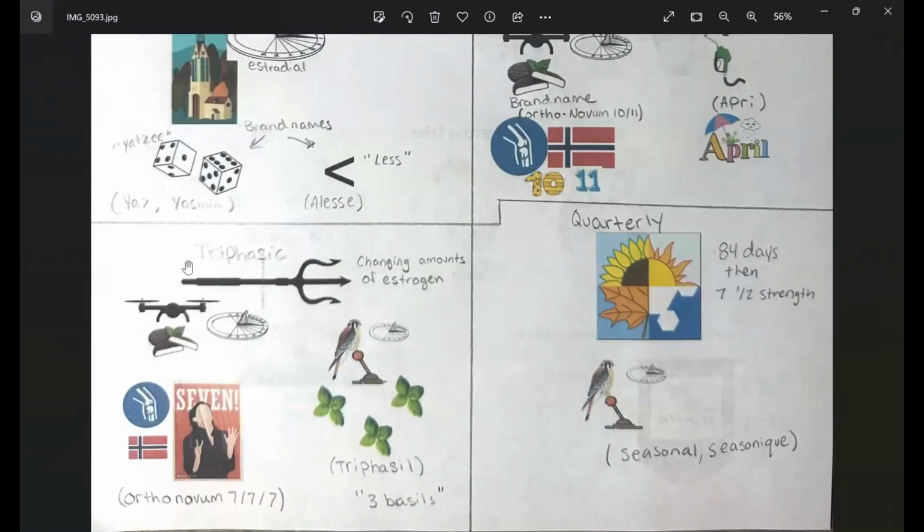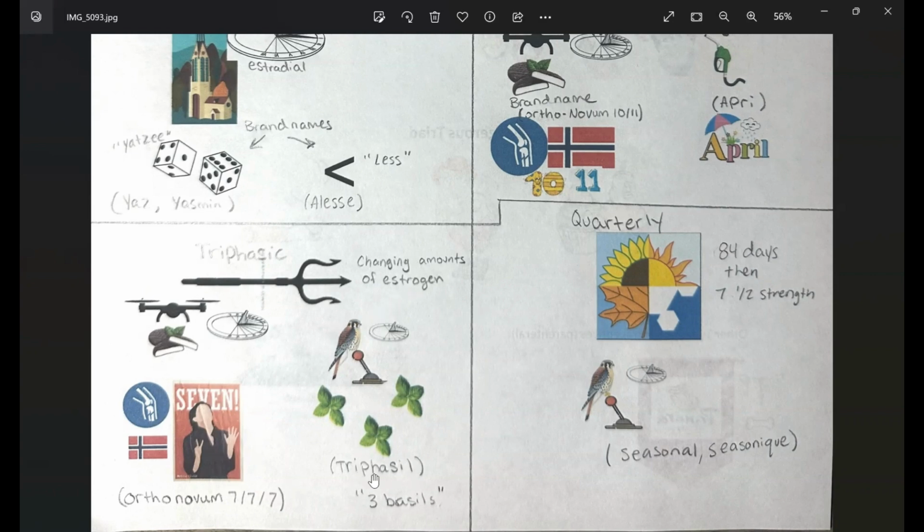Then we move on to triphasic. These have changing amounts of estrogen, but the same amount of progestin. I have a trident to help you remember triphasic. Again, we have the brand name Ortho-Novum, but this time it's called Ortho-Novum 7/7/7. If we have any Friends fans out there, this is Monica, and she is saying 777.